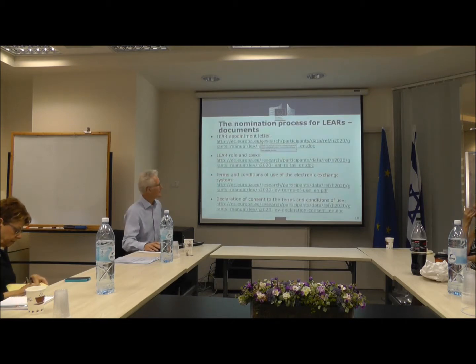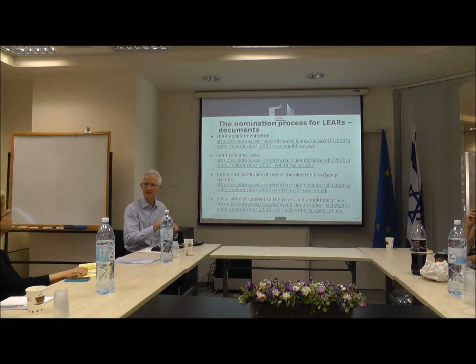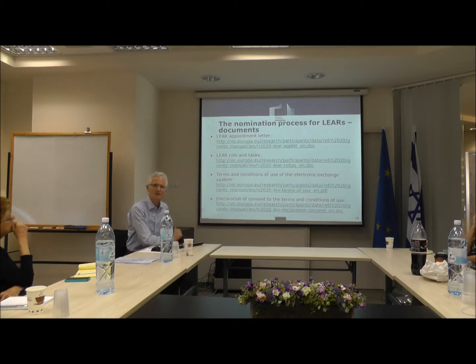Okay. So when you have to change your LEAR, you go to the portal and you download these documents, which are in Word. You have to complete some data. You print them. You sign them. That means the legal representative and the LEAR have to sign several papers. And you also need supporting documents. You need to prove that the legal representative who signs is actually the legal representative.